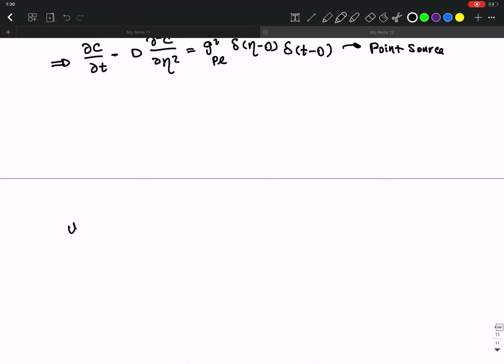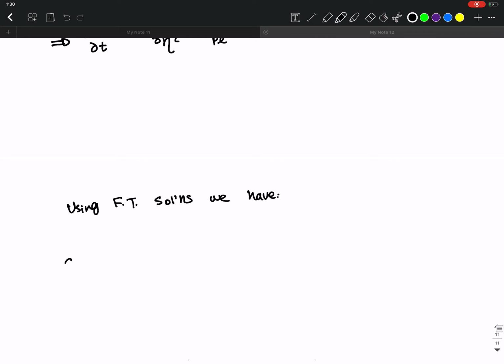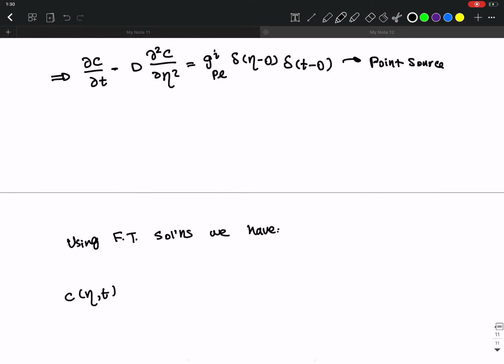So using Fourier transform solutions, we have c of eta and t equals the integral from 0 to t.